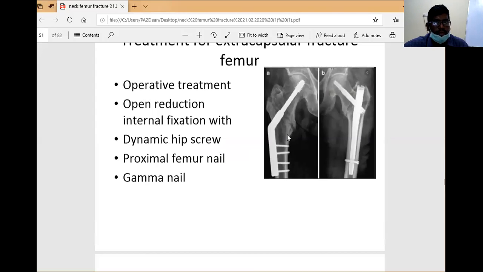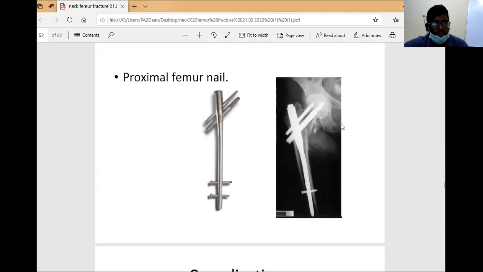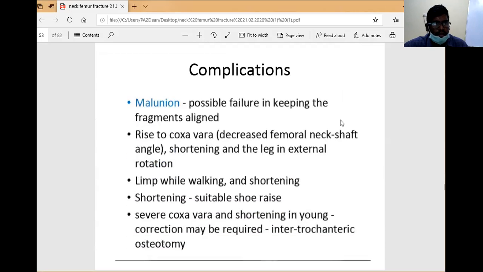If there is any combination of posteromedial complex or comminuted fracture, or reverse oblique fracture, or extension into the subtrochanteric region, the ideal implant is the proximal femoral nail. This is the proximal femoral nail. It is a more biological, biomechanical fixation. Why? Because load transfer occurs within the shaft of the femur. This is another variety of proximal femoral nail.